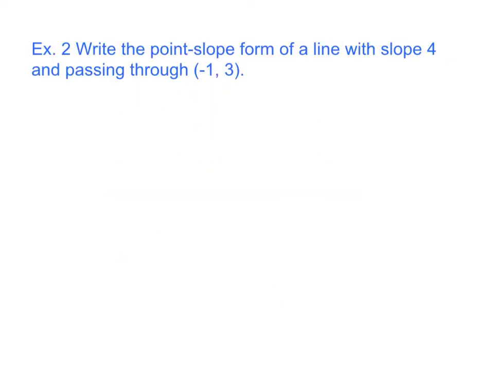So, write the point slope form of a line with a slope of 4 and passing through the point -1, 3. Our general form for point slope is y minus y1 equals m times x minus x1.